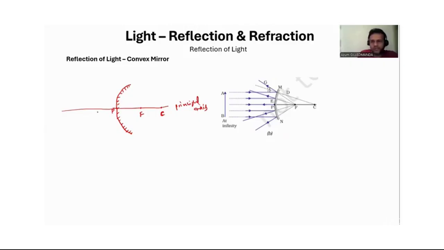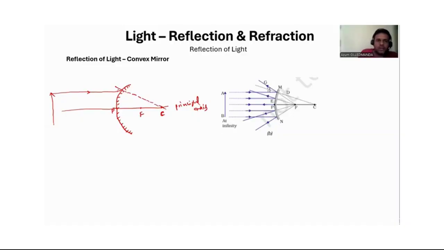And then what happens is, if an object is somewhere here, right? If a parallel beam of light falls onto the convex mirror, it starts reflecting. Let's see how it reflects. Here, if you draw a normal to this mirror, the normal should pass through the center of curvature, right?